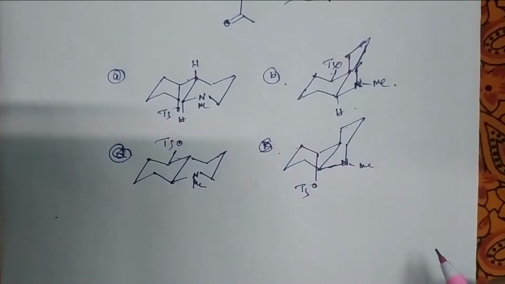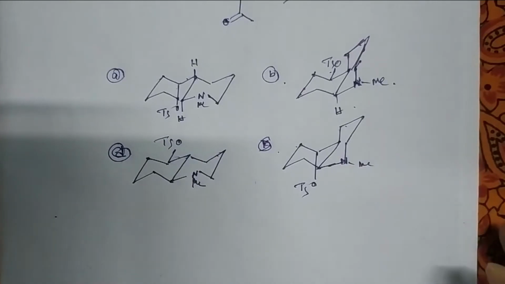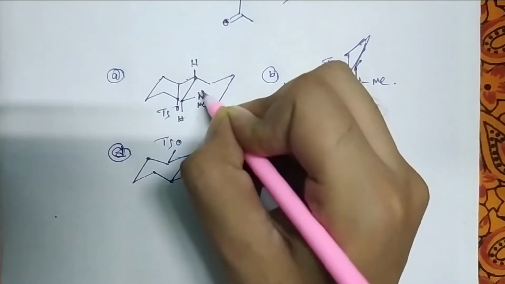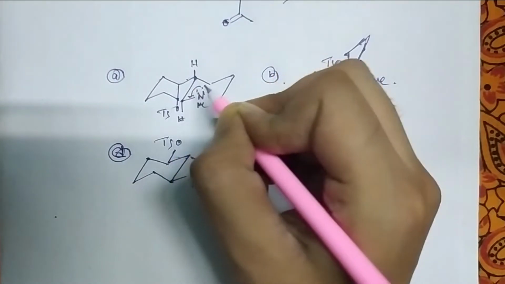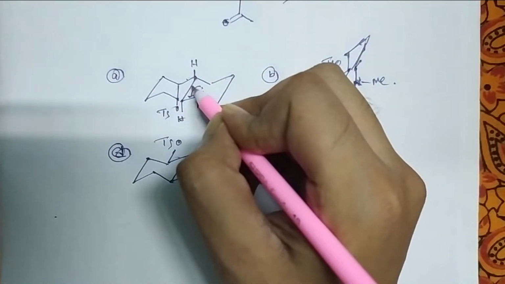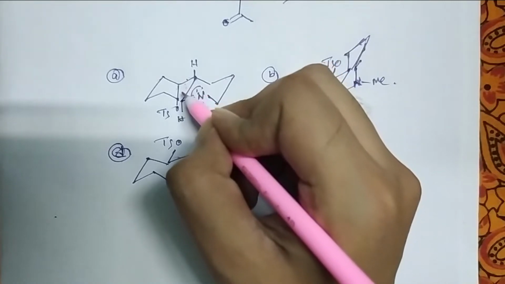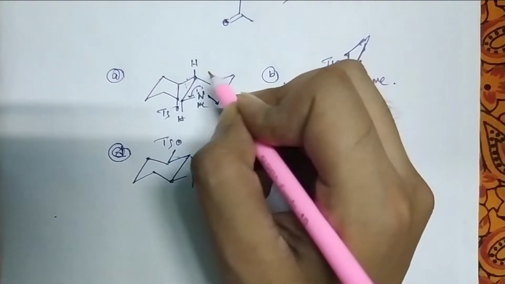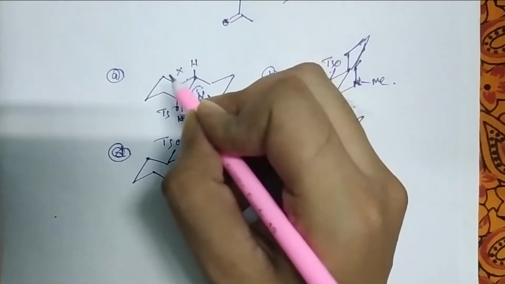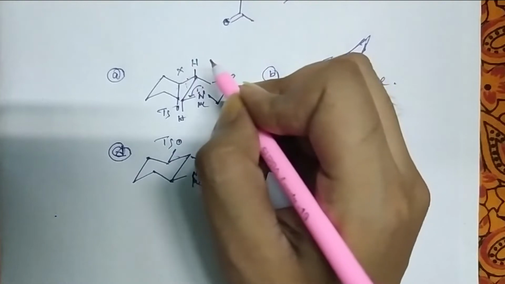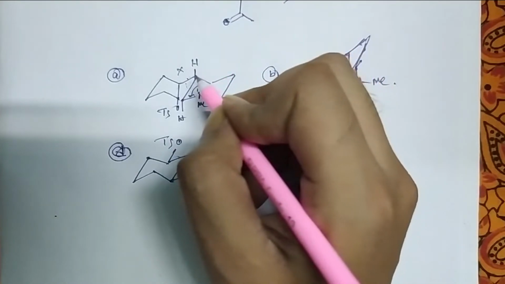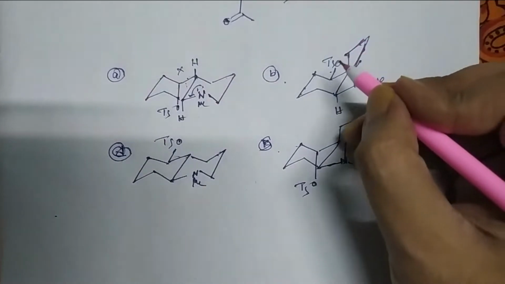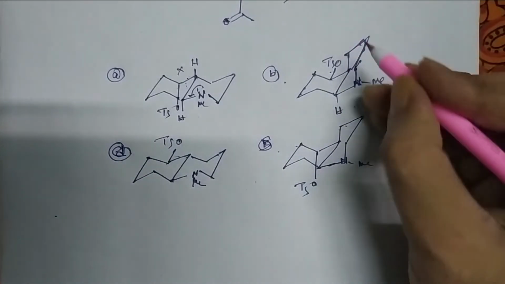For each case there is nitrogen, which has to donate the lone pair. Here you can see if this lone pair donates here, the reacting bond migrates here, and the OTs has to be the leaving group, but they are not properly oriented. So the reaction will not go through this pathway, and will not give our desired product in any E or Z isomer.